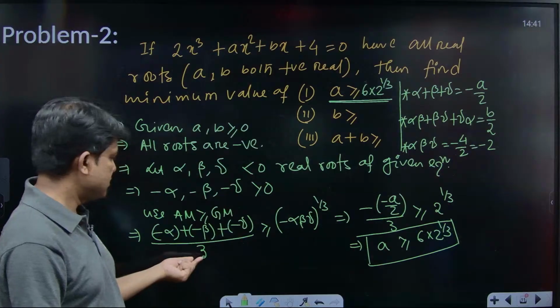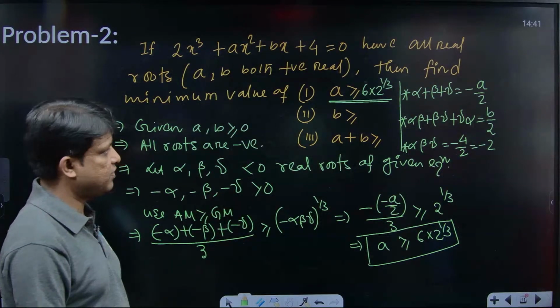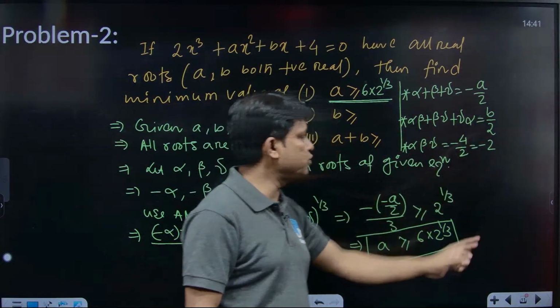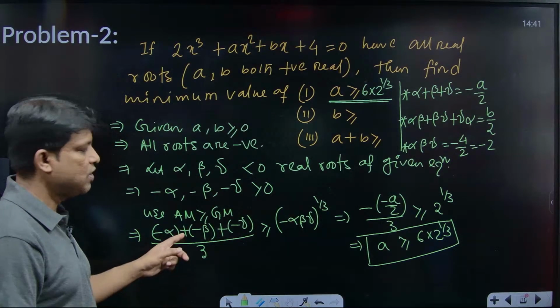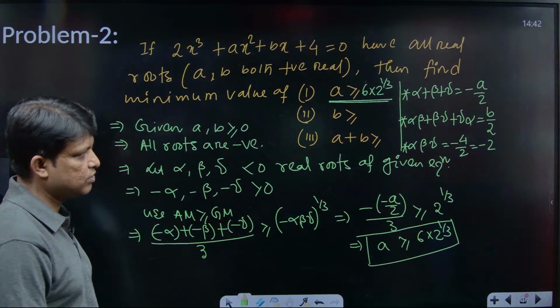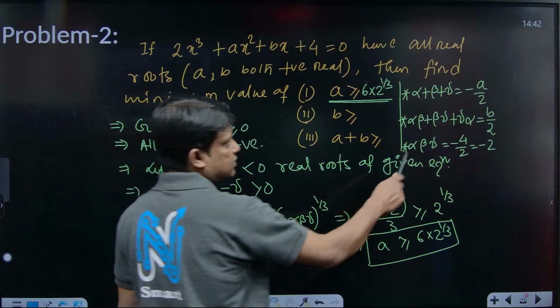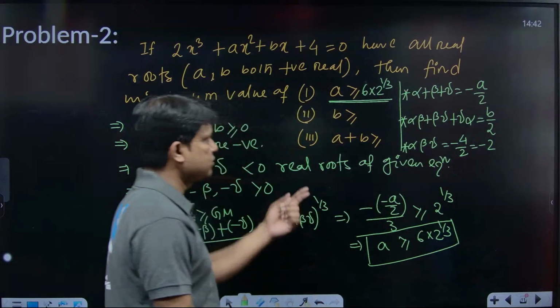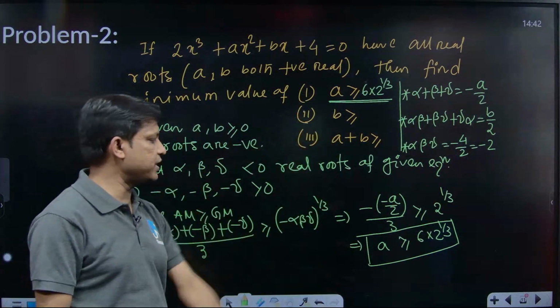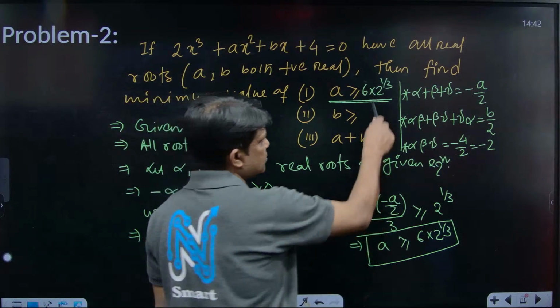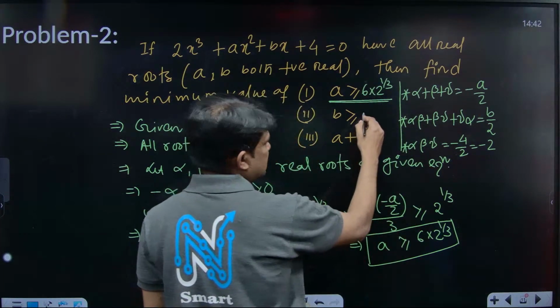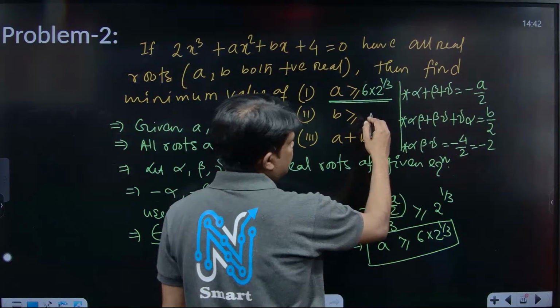Multiplying by 3, b by 6 is greater than or equal to 2 power 2 by 3. So b is greater than or equal to 6 into 2 power 2 by 3. This is the minimum value of b.